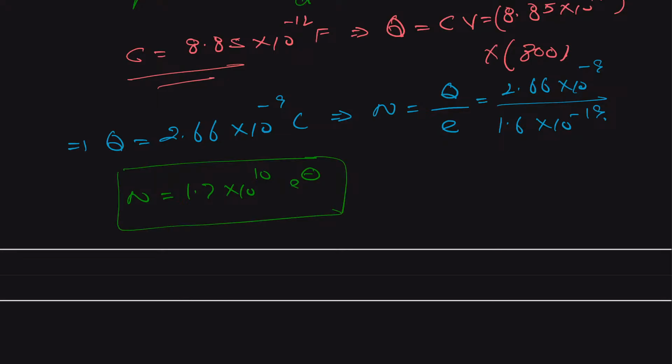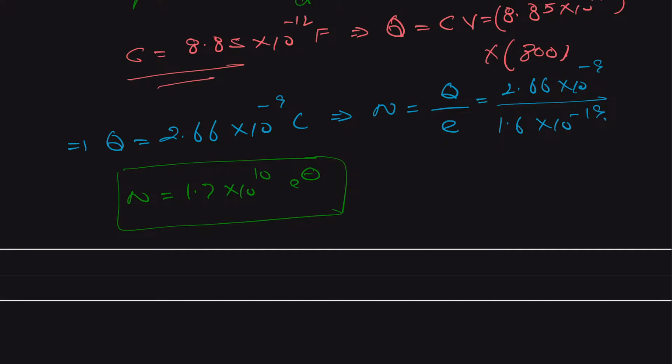So we are able to find the electric field, and we also found the number of excess electrons associated with this parallel plate capacitor. Now we come to part B, in which we discuss the moving frame.